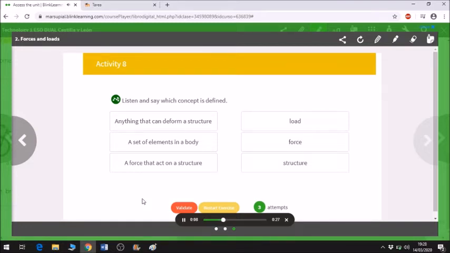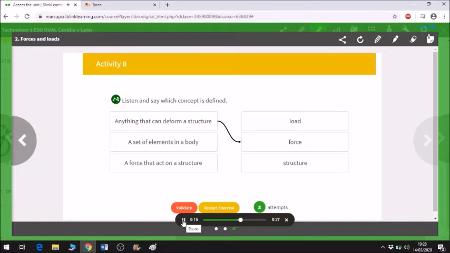A. Anything that can deform a structure. What do you think? Anything that can deform a structure? Load, force, or structure? Let's try with force.